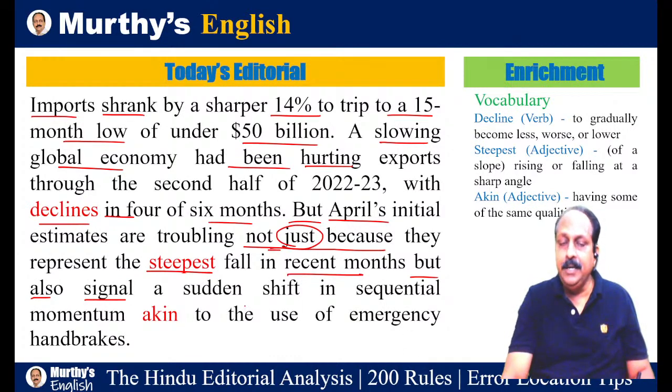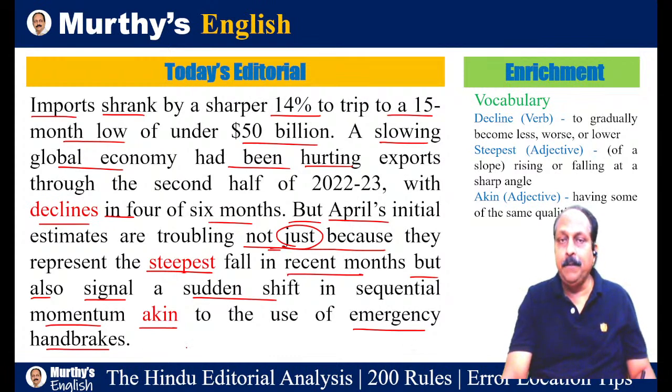Signal here means indicate a sudden shift in sequential momentum, akin to a sudden shift in what? Sequential momentum. Akin means having some of the same qualities. You can also think of the word similar, similar to the use of emergency handbrakes. Generally, we don't use handbrakes. Rarest of rare, emergency.